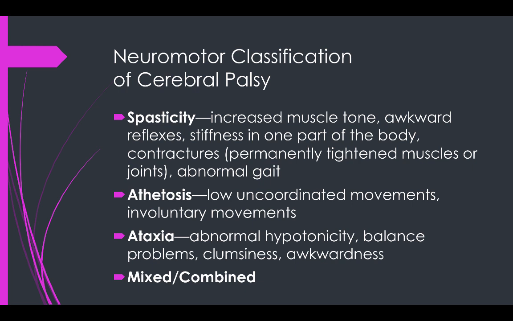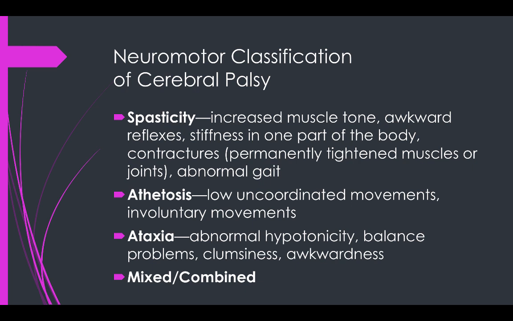Many individuals with spastic CP or spasticity will have some sort of an abnormal gait due to the spasticity, the increased muscle tone, and tightened joints and ligaments within their legs as well. Athetosis is really just uncoordination of movements. Some involuntary movements may occur as well.